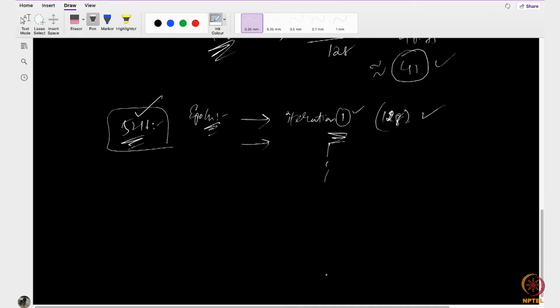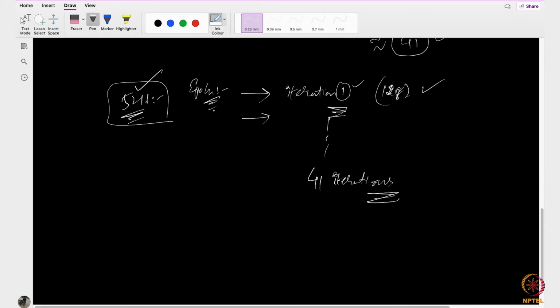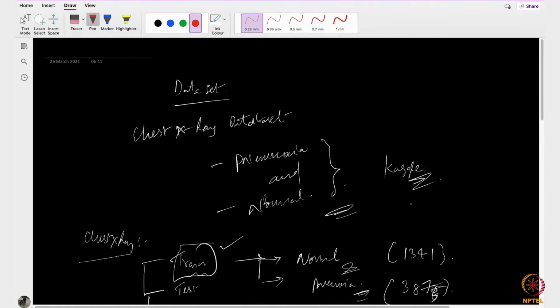Likewise, we have a total of 41 iterations. Once you take the batch size as 128, we can say that in a single epoch we have 41 iterations. That's it. This is the discussion of the entire dataset.